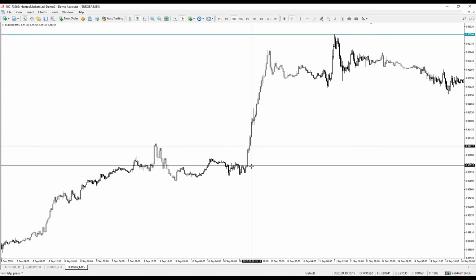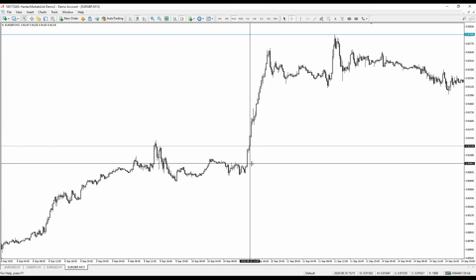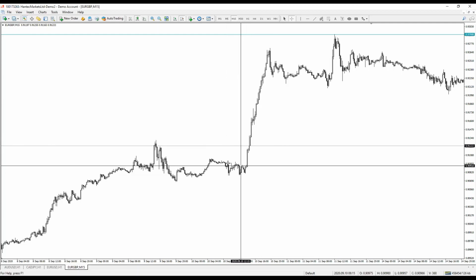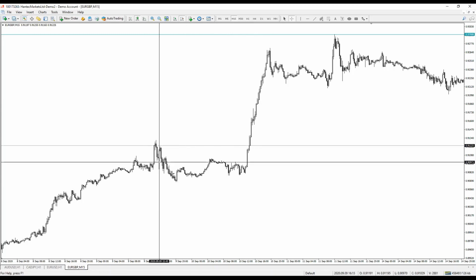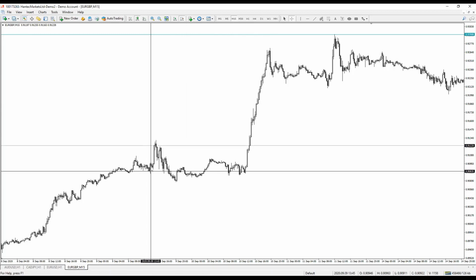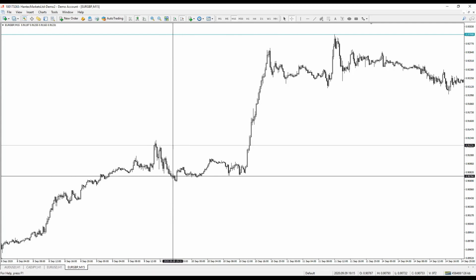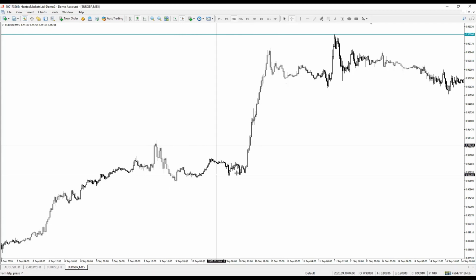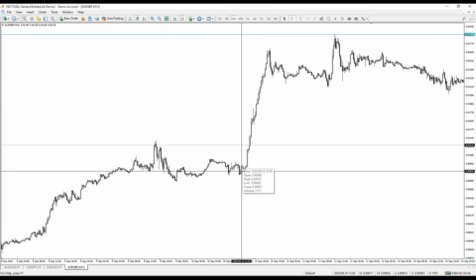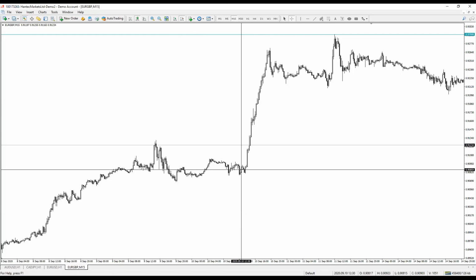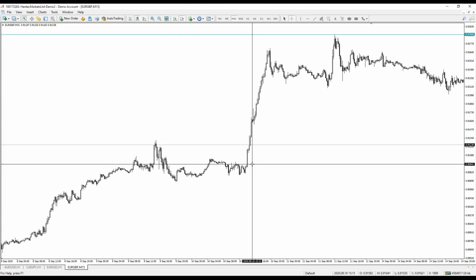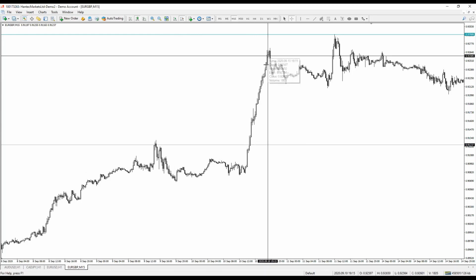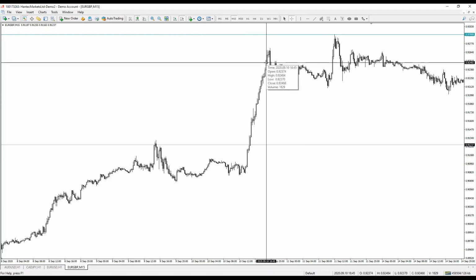At this rate, all that basing area is where people were satisfied. The buyers were receiving their euros paid by the pound, at approximately this rate. And then suddenly price started rising very, very hard.